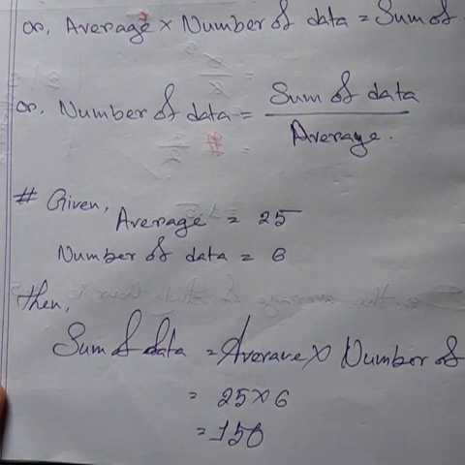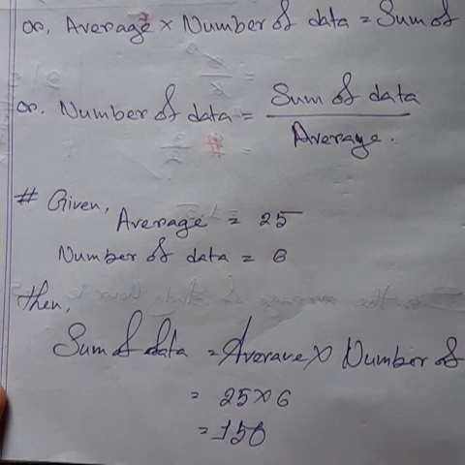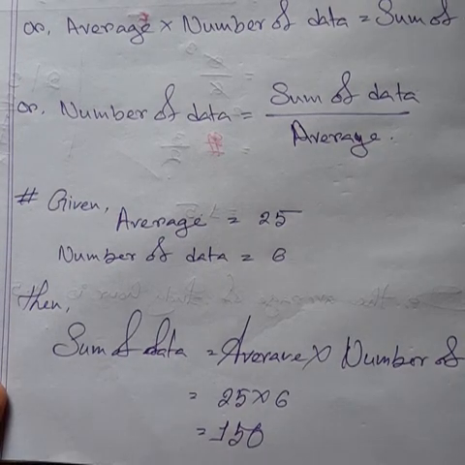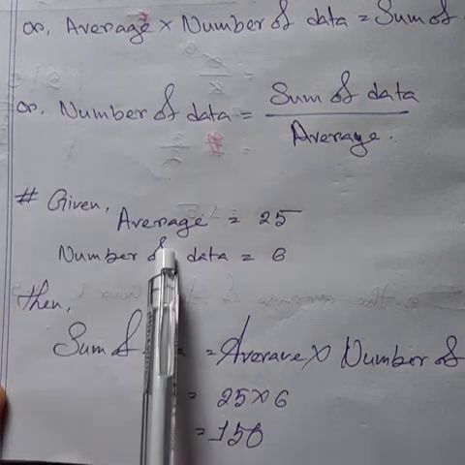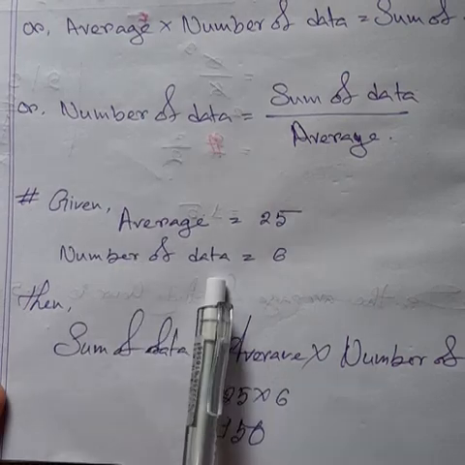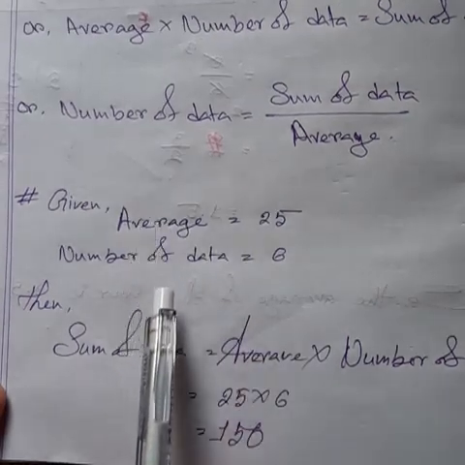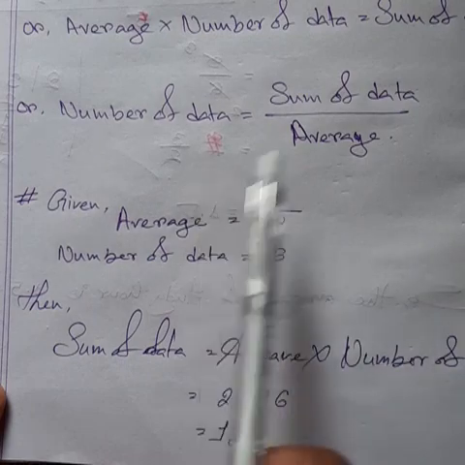Okay, suppose this is an extra one, as you know there's a hashtag. I hope all of you remember that it means it's an extra one. So I'm giving you the given data: average equal to 25 and number of data is 6. Average and number of data we have. So which one don't we have? Sum of data.